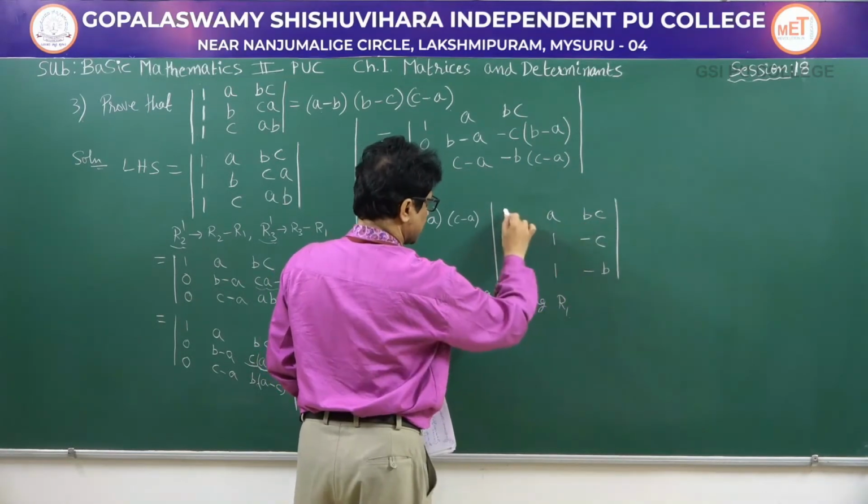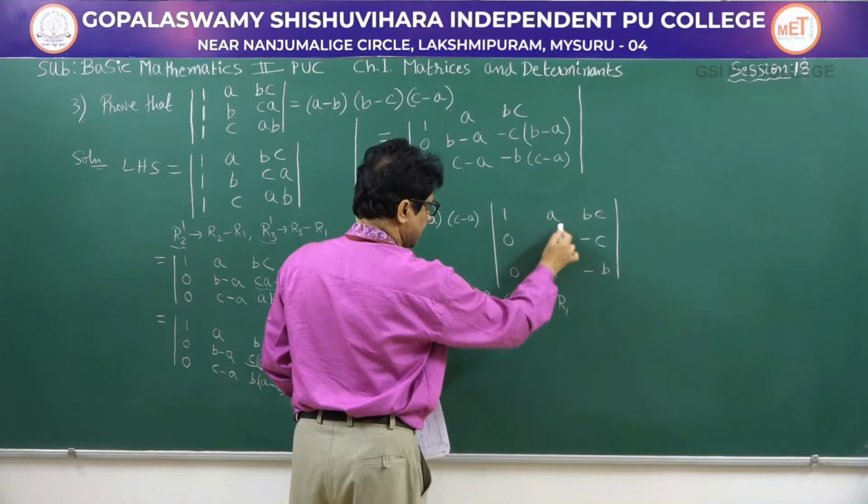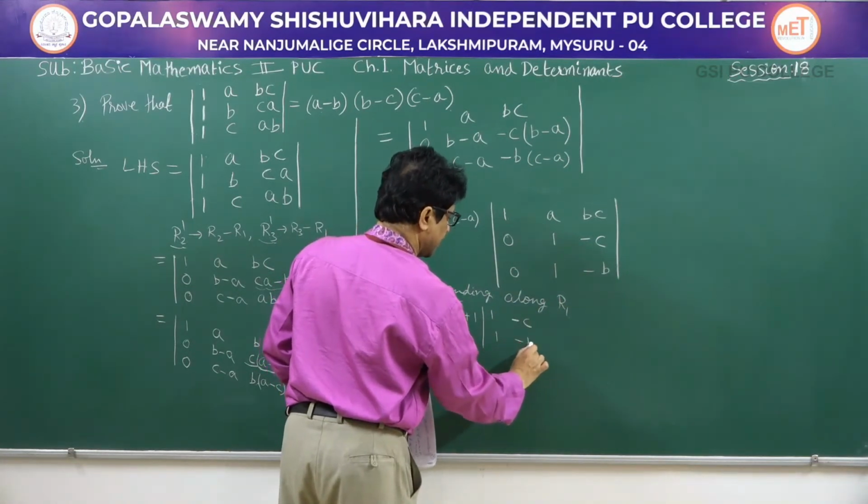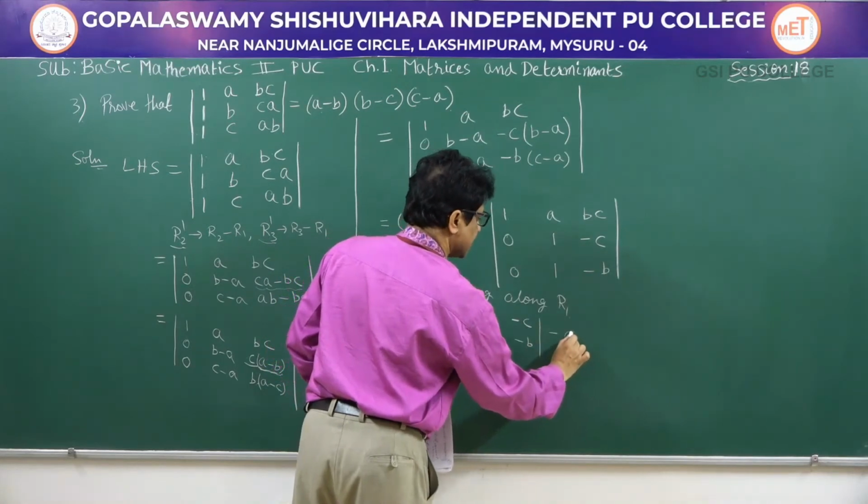We eliminate the first row and first column and take the determinant of the remaining elements: 1 minus C, 1 minus B.